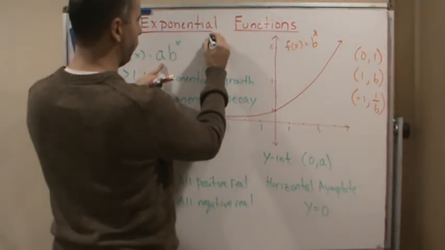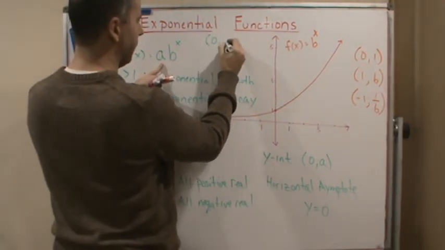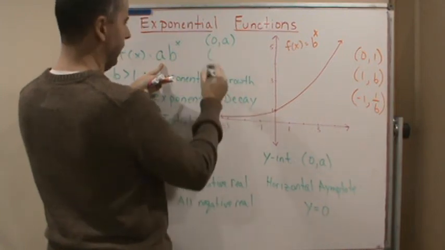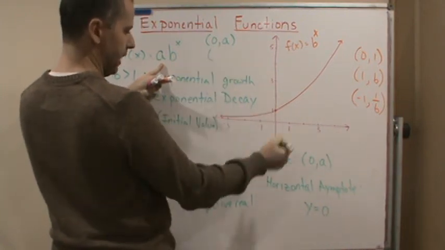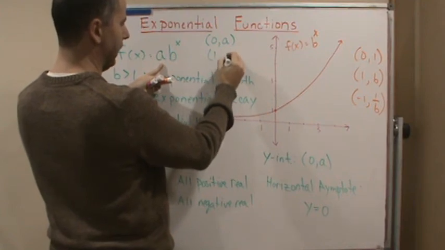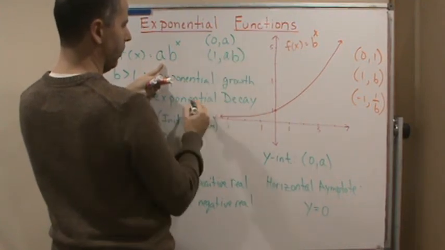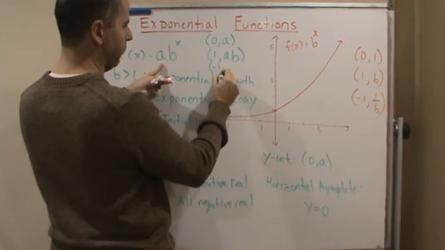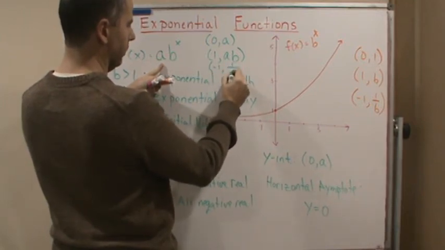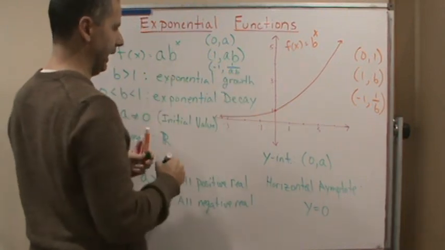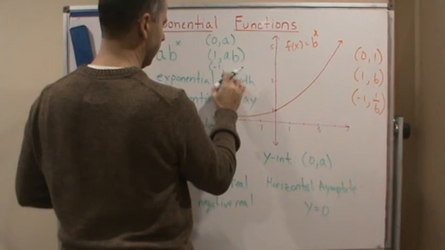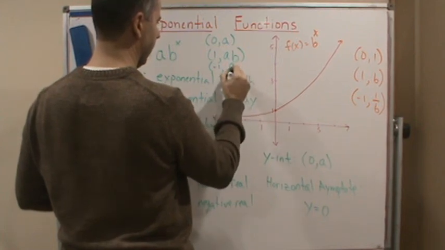So the 3 points would then become 0, a, which is the y-intercept; 1, ab; and negative 1, a over b.